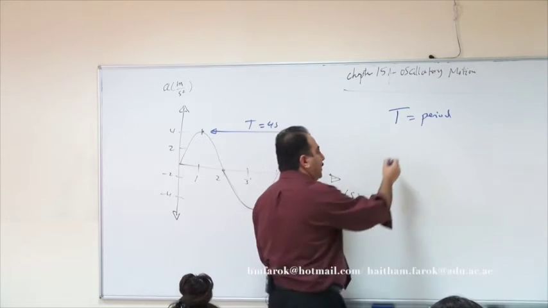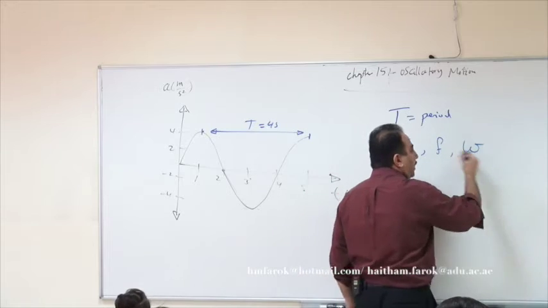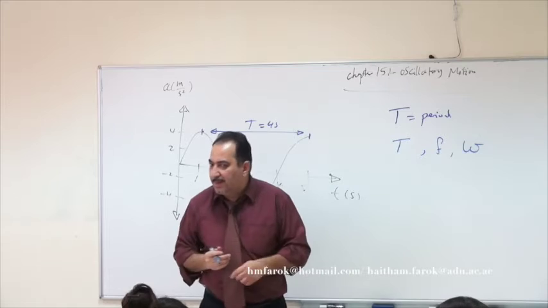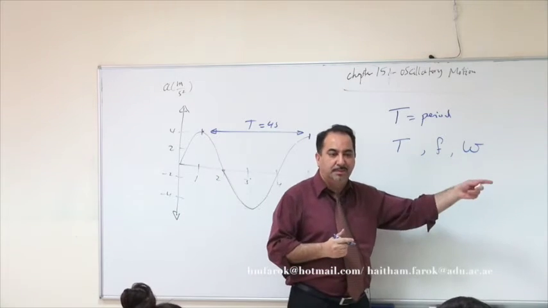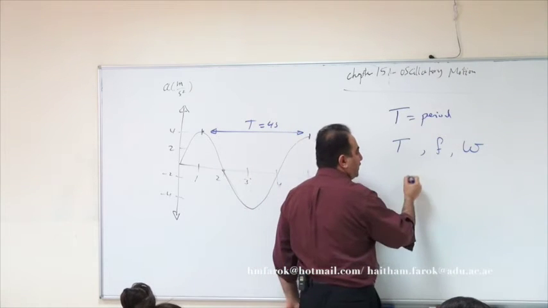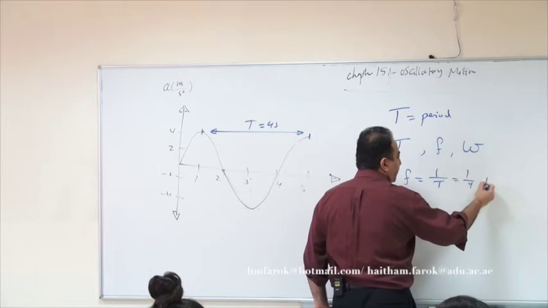Now, why do we find the period? Because remember, period, frequency, angular frequency are interlinked. They are linked together. So if you know one of them, you find the other. So in this case, if you know T is 4, what is the frequency? 1 over period, yeah? 1 over 4 hertz.